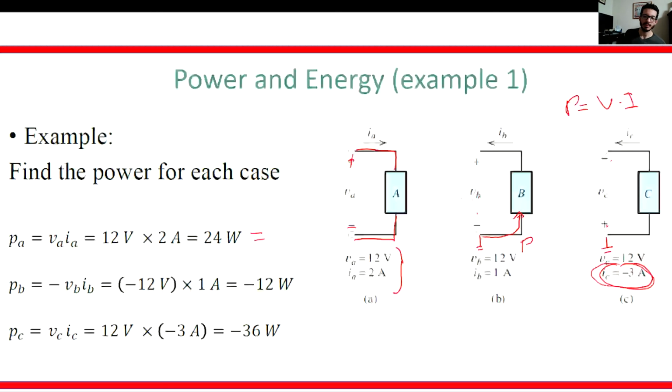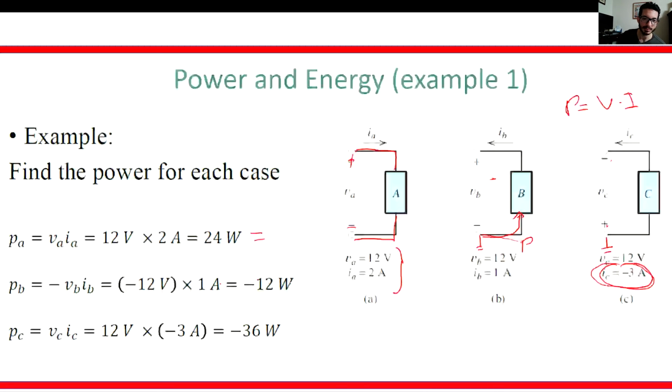In case B, for instance, we noticed that if we had a current flowing from negative to positive as well, we had a negative voltage. I didn't mean to get you confused. In other words, if the convention was that anything flowing from positive to negative was positive, then in case B, when you have a flow of current from negative to positive, this will be negative because of the voltage going from negative to positive.